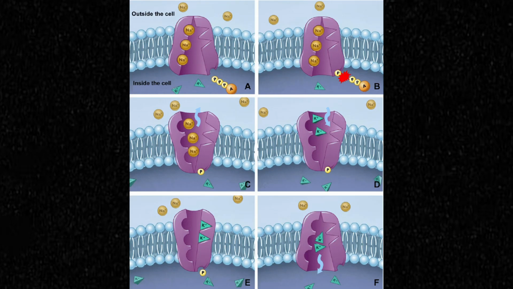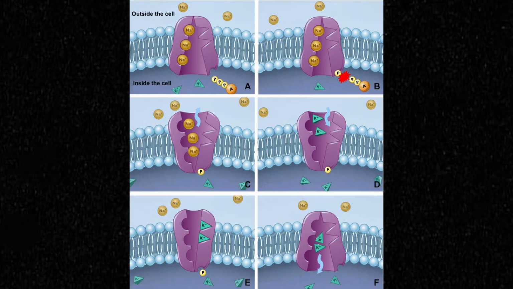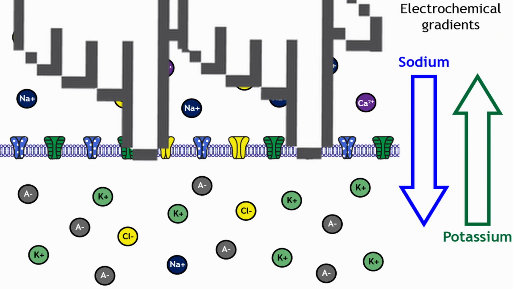Another protein channel we'll focus on is the sodium-potassium pump, which allows movement of ions against the gradient, meaning from low concentrations to higher concentrations. This is done through a process called ATP hydrolysis, causing this protein channel to move almost like a kid on a seesaw to allow three sodium ions to leave and two potassium ions to enter, causing the overall voltage of the inside of the cell to go down.